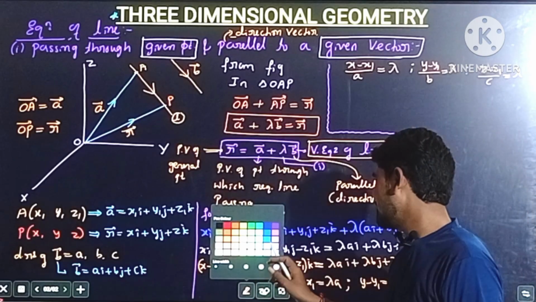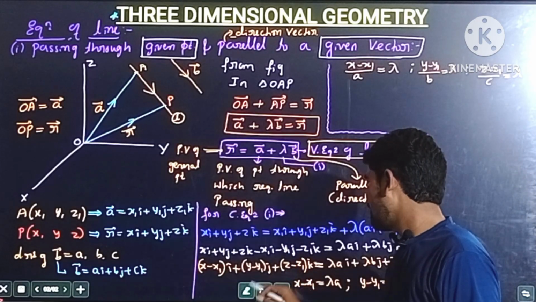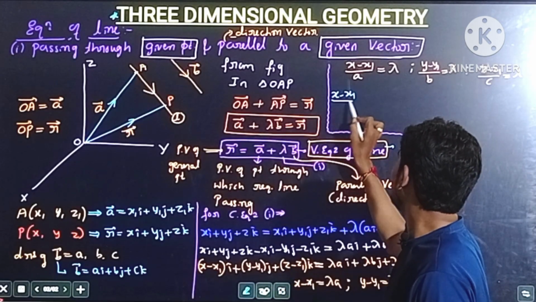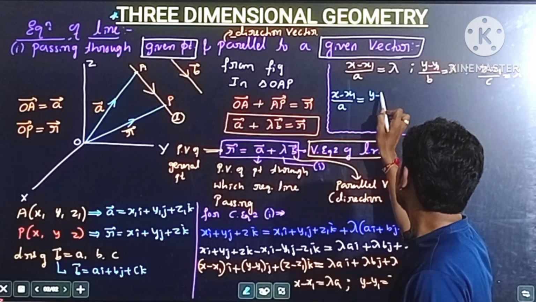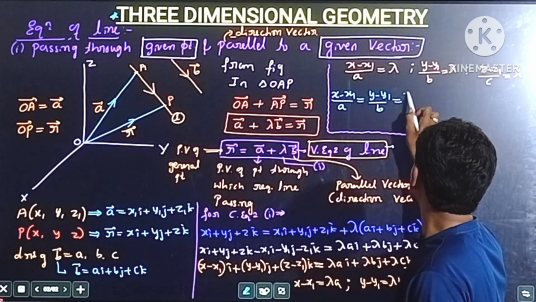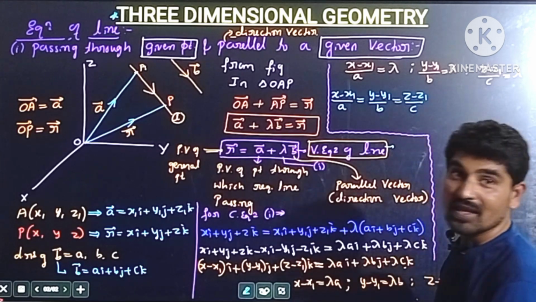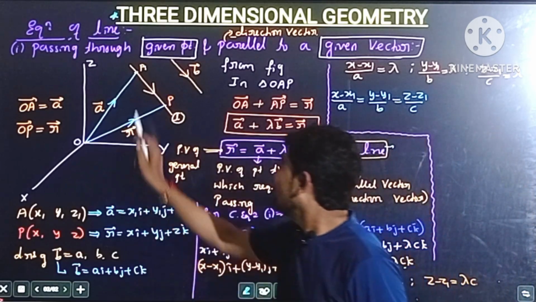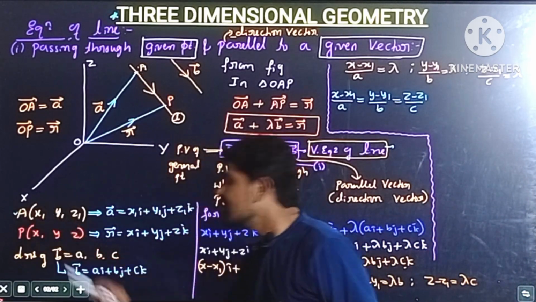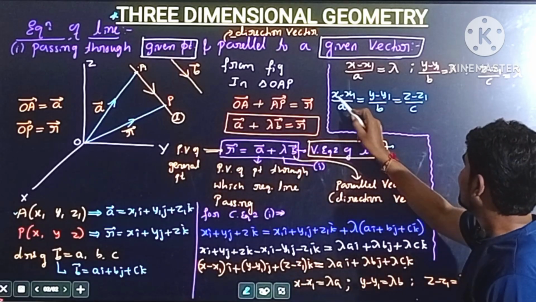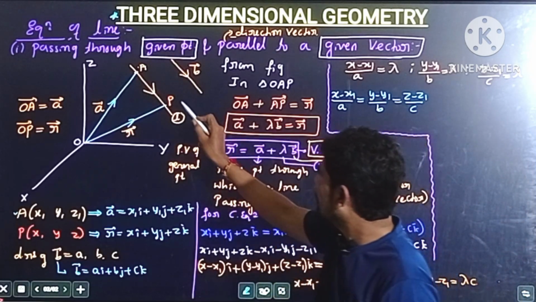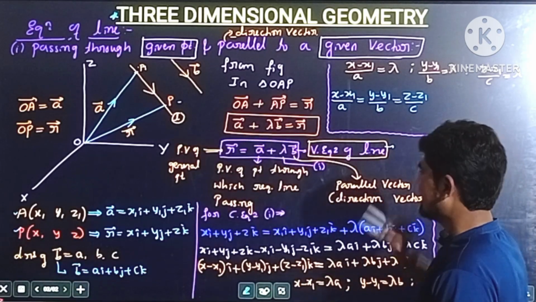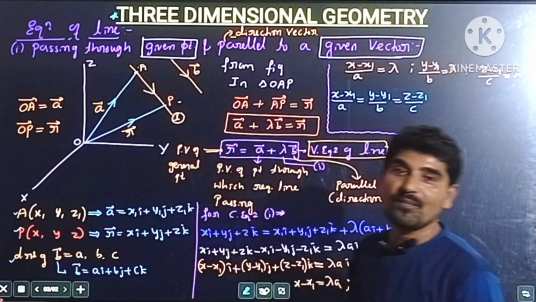So finally we got x minus x1 divided by a equal to y minus y1 divided by b equal to z minus z1 by c, where x1, y1, z1 are the coordinates of the point through which the required line is passing, x, y, z are the general point on the required line, and a, b, c are the direction ratios of the parallel vector.